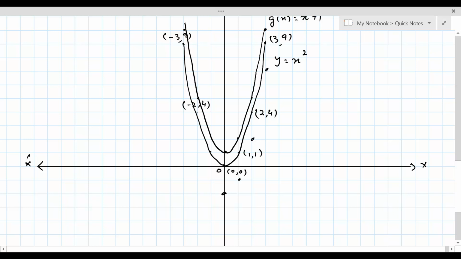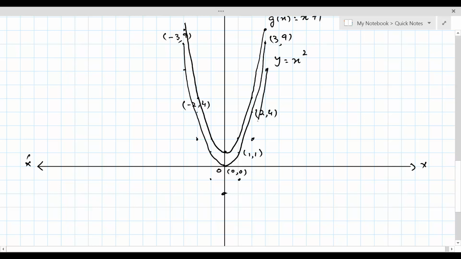So this point will go right here, and -2, 4, which was here, will go 2 units down as well, and this will be going right here.